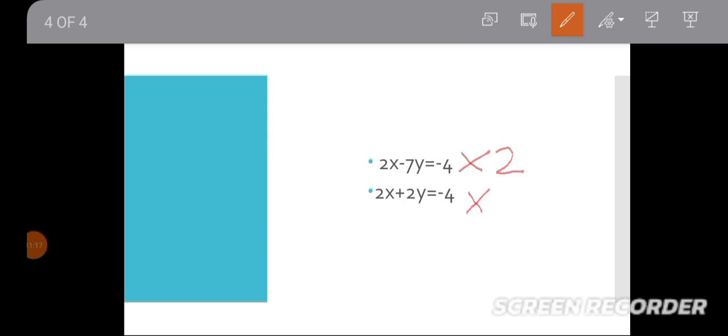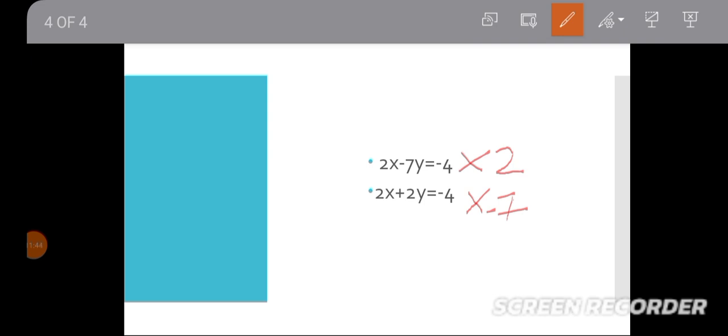negative 7, the 7, yes, negative 7. So you're going to multiply both sides, right? And 2, we're going to multiply 2 with every digit in that equation.